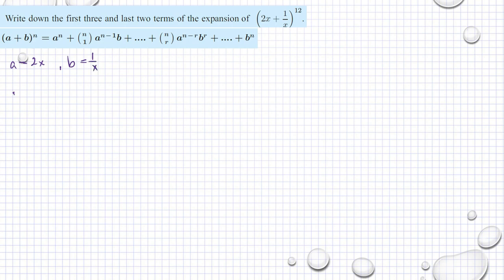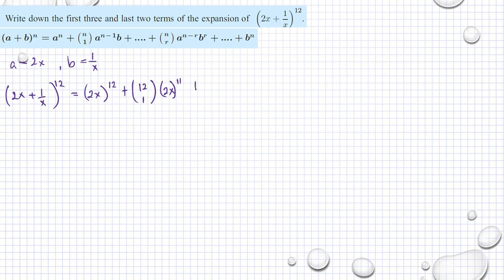So if we rewrite that, (2x plus 1 divided by x) raised to 12 is equal to, we have the first term, 2x raised to 12 plus 12 taken 1, and then we have 2x raised to n minus 1, that is 11.